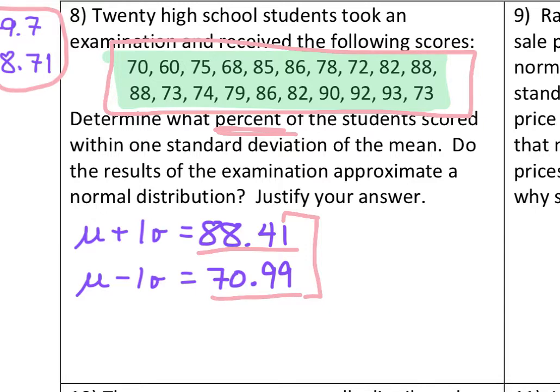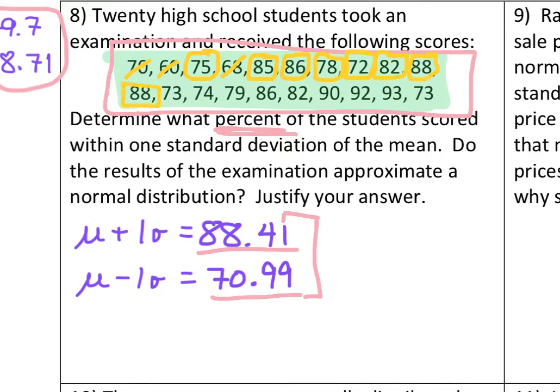So I'm going to go ahead and circle them, and that would be, well, let's see, 70, not 70.99, is too low. 60 is too low. 75 is in that range. 68 is too low. 85 is in the range. 86 is in the range. 78 is in the range. 72 and 82 and 88 just barely.